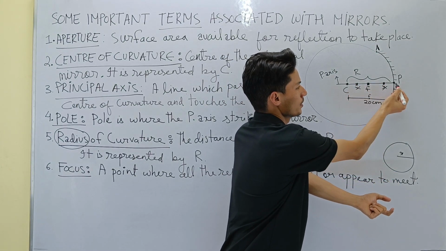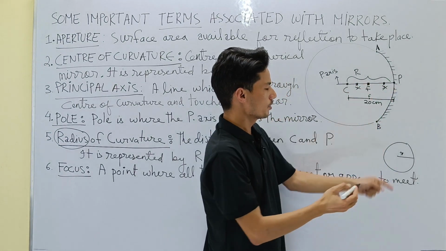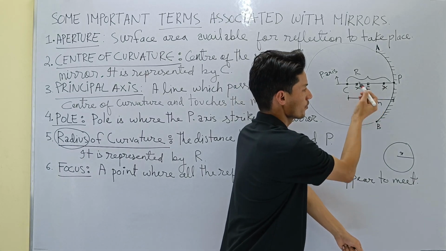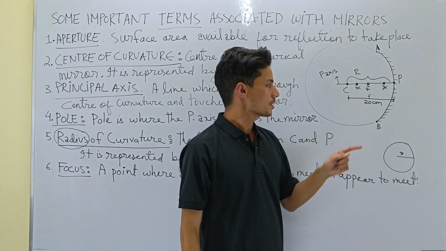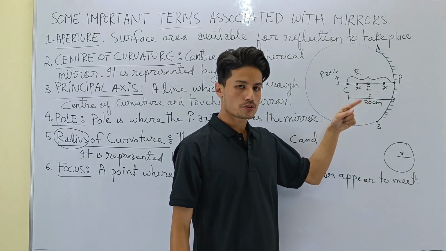So if you look carefully at this line from here to here, the middle will be somewhere here. So our focus has to be here. This is another way of finding the focus, and it is actually helpful for solving numericals.